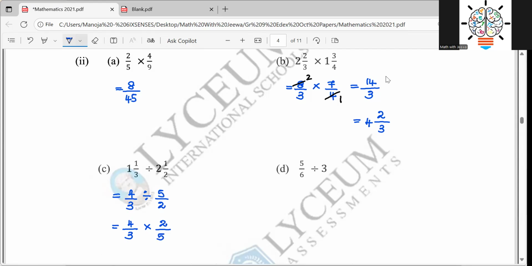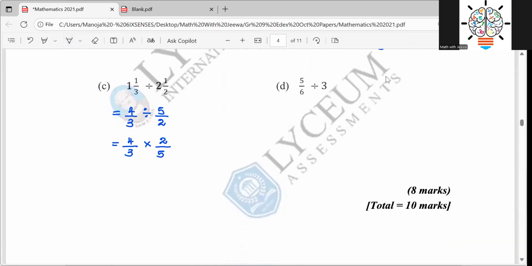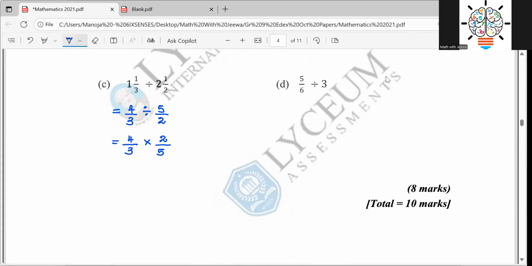Okay, so then we'll see whether we have anything to simplify. We don't have any other numbers to simplify here. So then 4 times 2, 8, and 3 times 5, 15. Right, 8 over 15.